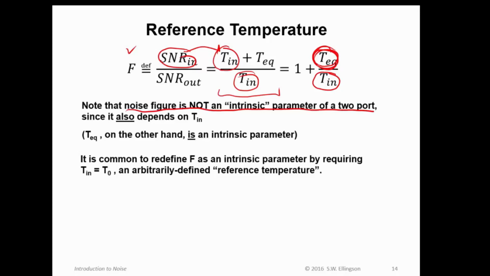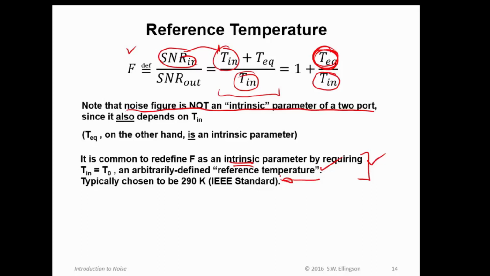To further confuse the issue of how noise figure is defined, I will tell you that it is common to redefine noise figure or noise factor as an intrinsic parameter, and the way that's done is by requiring that input noise temperature to be equal to some standard value which we refer to as the reference temperature. Reference temperature is almost always defined to be 290 Kelvin.